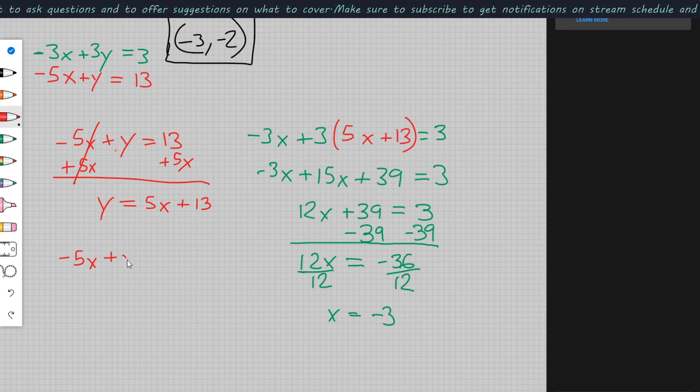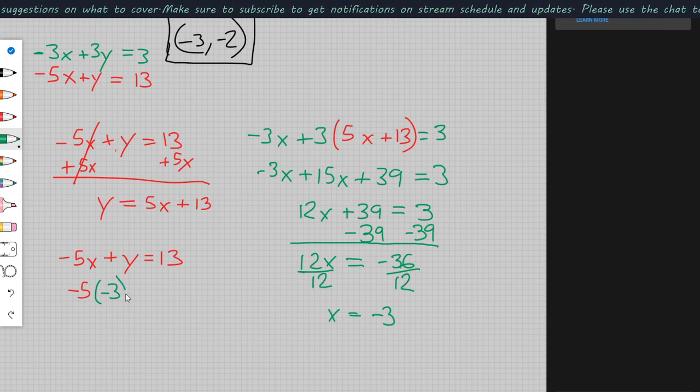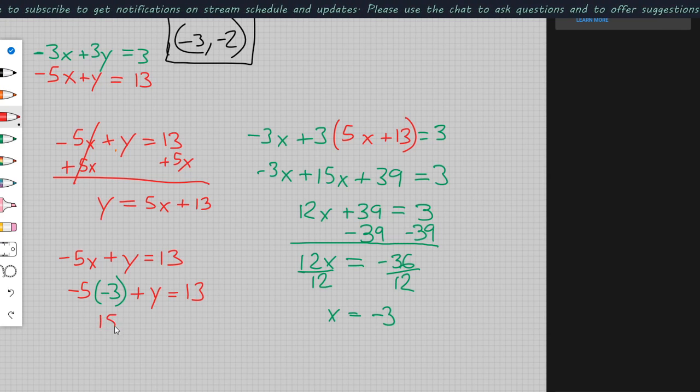So I'm going to write out the equation once just so you can see what I'm using, and then plug in with what I know. Negative 5 times negative 3 is going to be a positive 15.